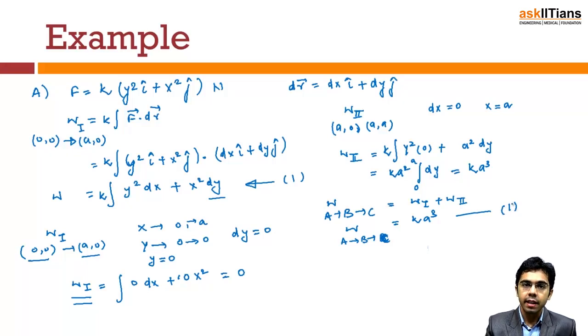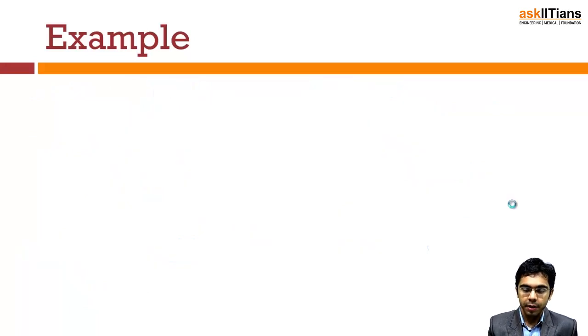Now let's find it out along the straight line. So when we go for the straight line, that is path B, we have to find out the work done along the straight line. Along the straight line, the coordinates are changing from 0, 0 to a comma a.